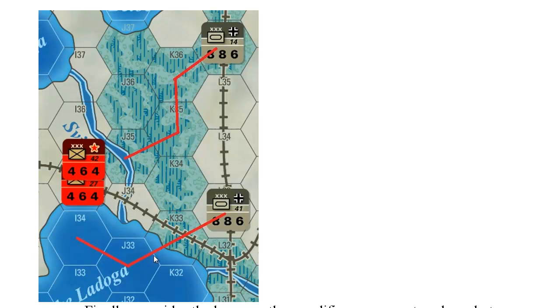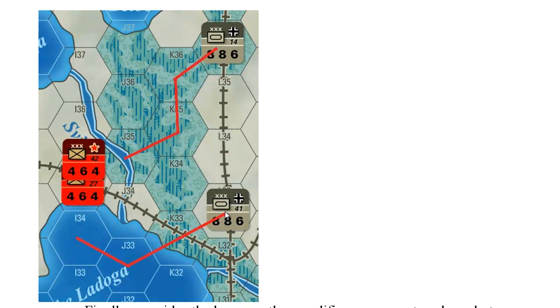The red line movement in summer, in non-bad weather, would be illegal because that's a lake and you can't move through lakes. On the other hand, suppose this was winter. In winter, the swamp shown here, it's well north on the map, freezes over. It functions as clear terrain, and the German unit could move 1, 2, 3, all in 1 turn.